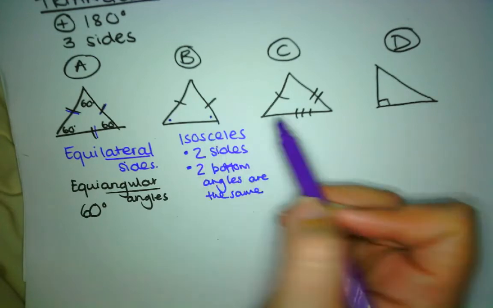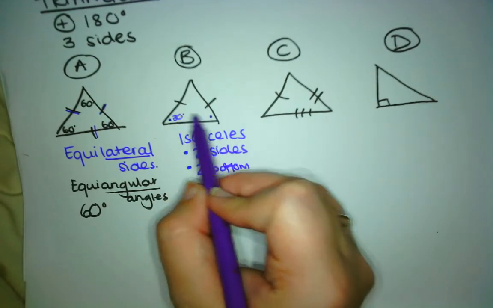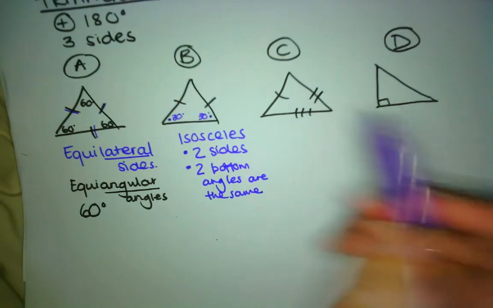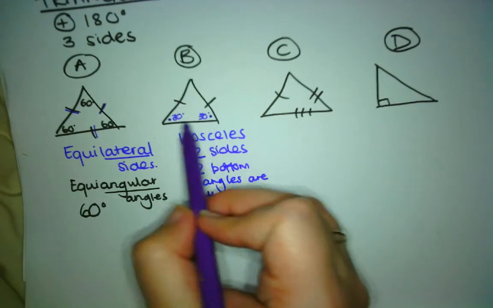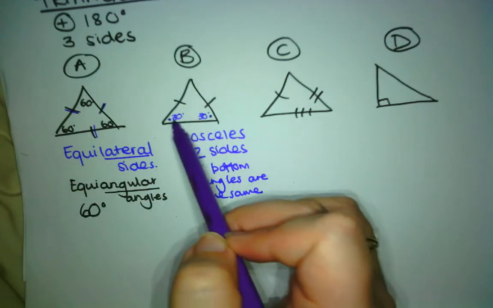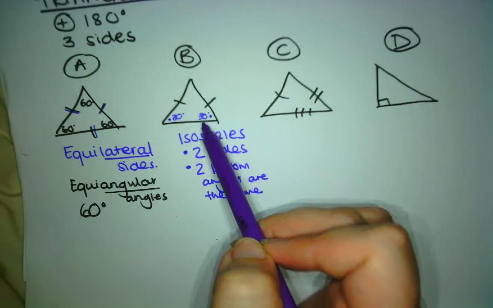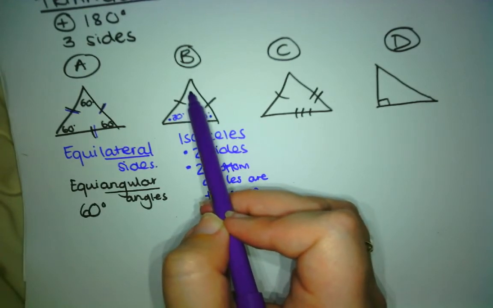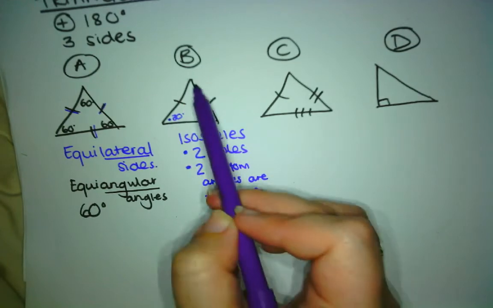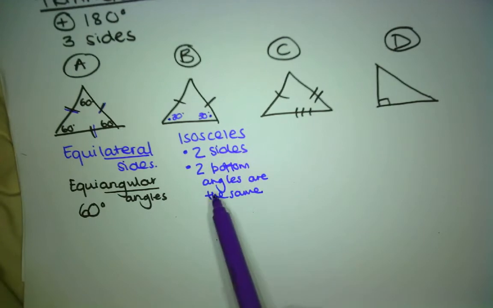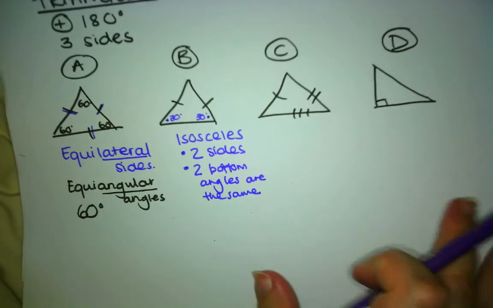So this can be 30 degrees, and that will also be 30 degrees. Just remember that all angles in a triangle add up to 180 degrees. So if that's 30 and 30, that's 60, so the top one will have to be 120 degrees, because altogether they must give me 180. Those are the main two things about an isosceles.